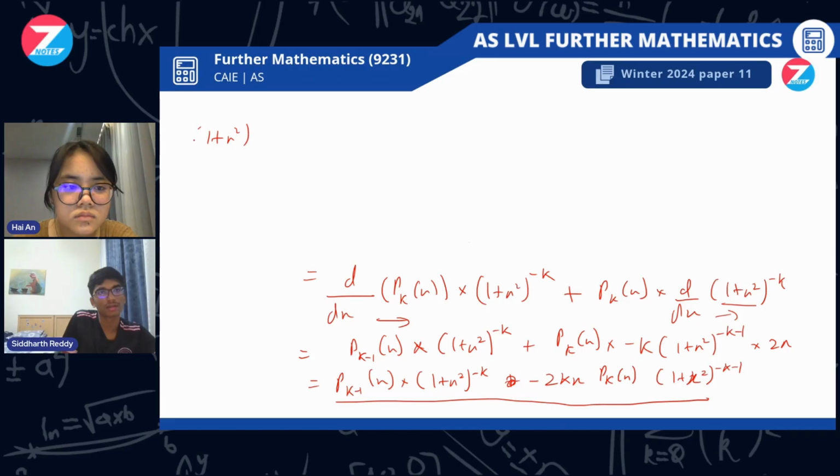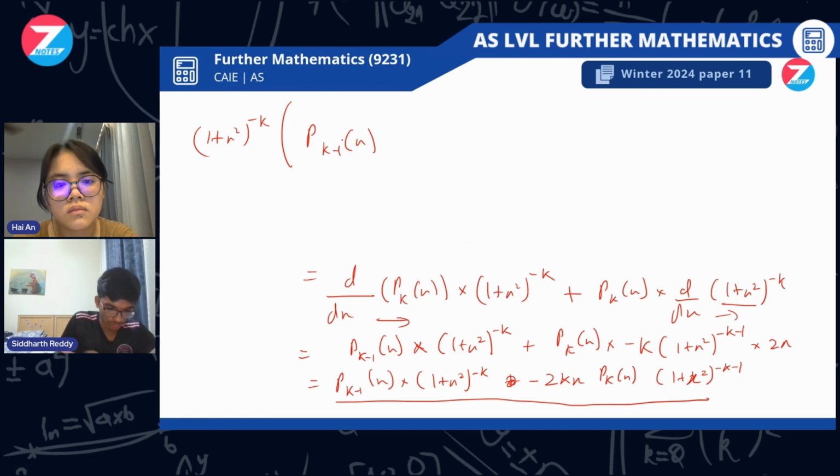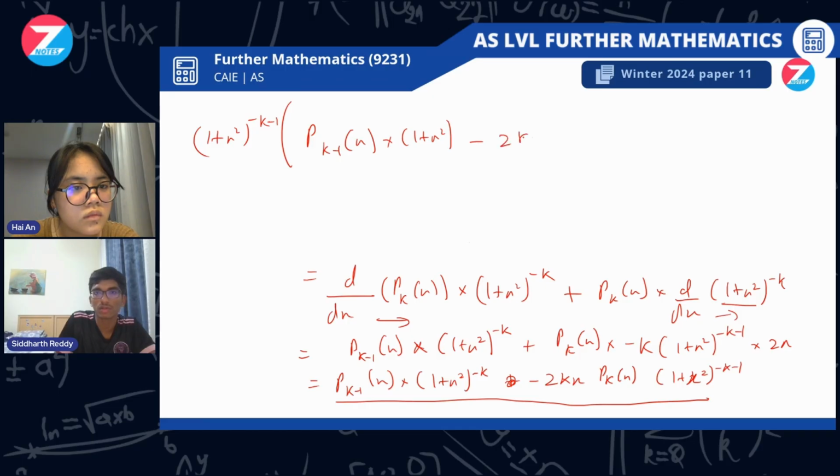After doing that, we've got pk minus 1 of x times 1 plus x squared, and we can factor out the minus 1 also, minus 2kx pk of x.